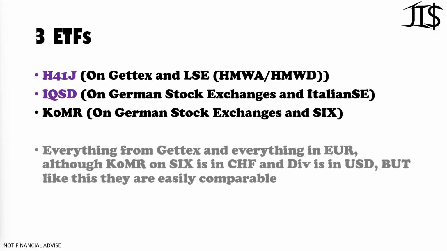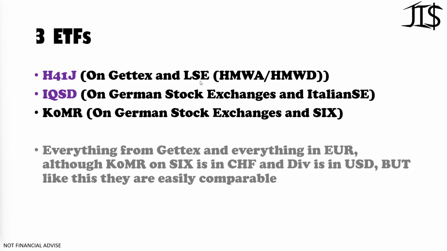And it's important to say that everything on the slides that I'm going to present in this video, it's all from the GETX stock exchange from Munich, and everything is in euros.